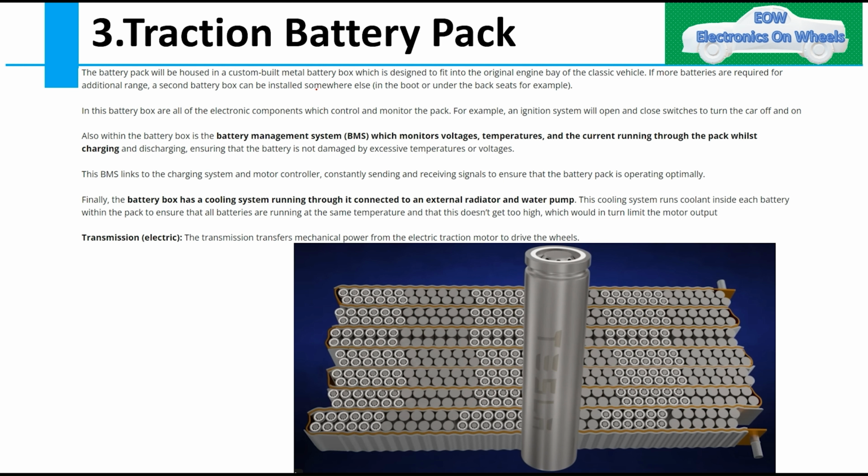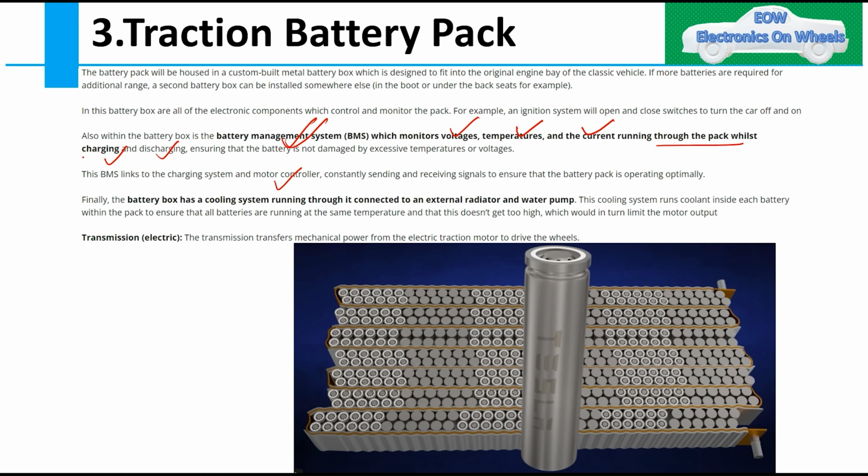So you will be having the battery management system, that is BMS, which monitors your voltage, temperature, and current running through the pack when charging and discharging is happening. It ensures that your battery is not damaged by excessive temperature or voltage. BMS links to the charging system and motor controller, constantly sending and receiving signals to ensure the battery pack is operating normally or optimally.